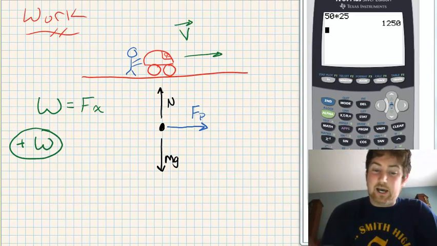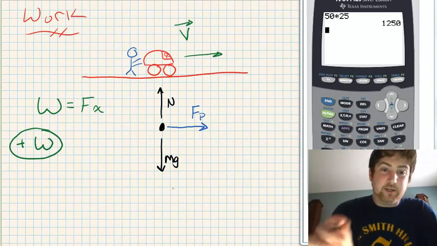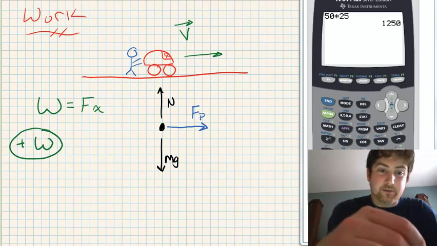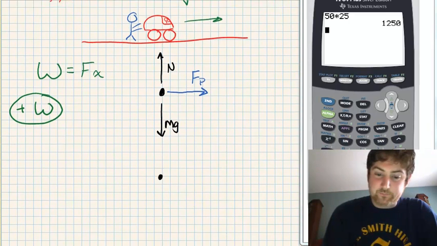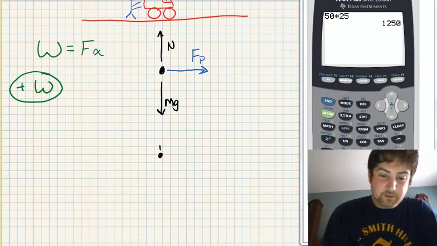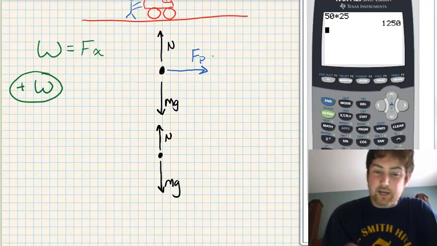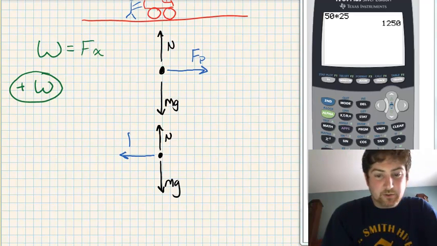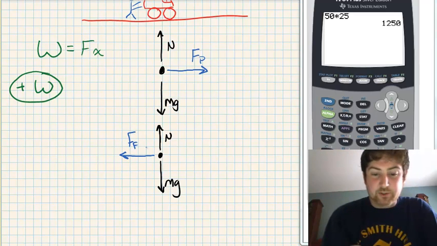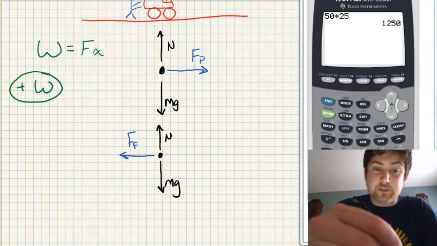If I let go of the box and allow friction to act on the crate, so now the situation is normal force up, mg down, and I've stopped pushing and we're on a rough surface, so the only force acting on the crate is the force of friction, which is the opposite direction of the velocity.